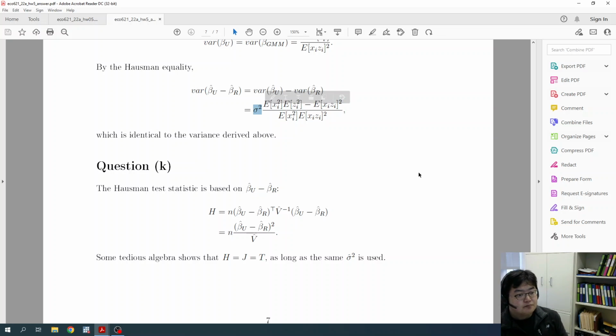Sigma squared, you know how to calculate that, and there are many ways, like using n or n minus 1, n minus k. You may also use the restricted model or the unrestricted model to calculate sigma squared. Anyhow, as long as it is the same, everything is the same.